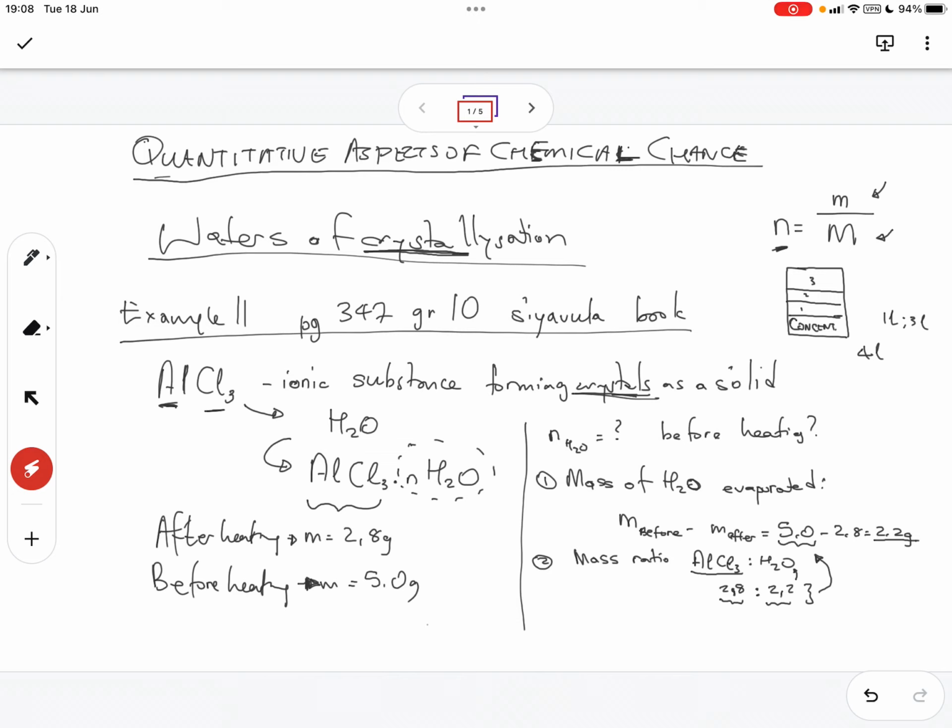And this is based on the quantitative stuff that we know about the elements. Today we started with the fourth type, which is crystallization, waters of crystallization. So you see crystals when they form in nature, and I'm not talking about crystals limited only to things like salt. You can find crystals almost everywhere.